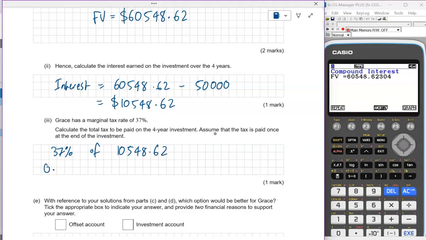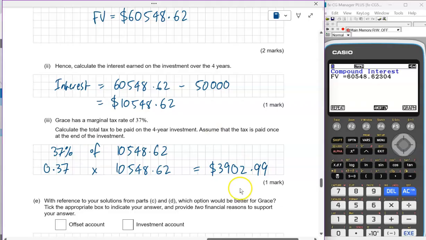Mathematically, that means 0.37 times 10,548.62. Now that works out to be $3,902.99. So that's how much tax she has to pay, almost $4,000 from that $10,500 that she's earned.